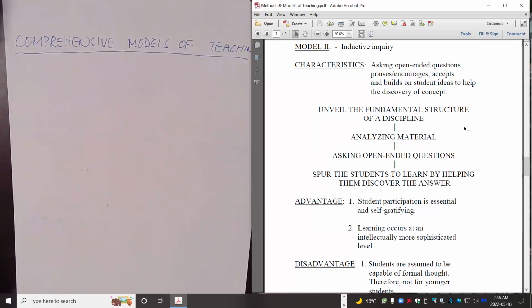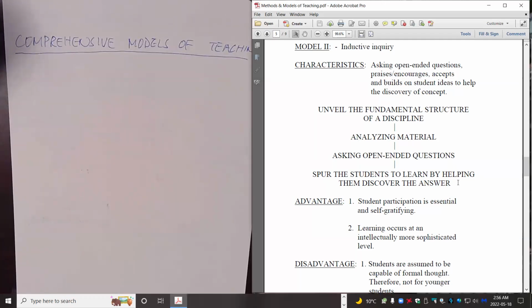That is to say to teach how to solve problems by understanding the structure of the concept, okay? This is the discovery method of teaching, by analyzing material and asking questions, but not giving answers, in such a way to spur the students to learn by helping them discover the answer.